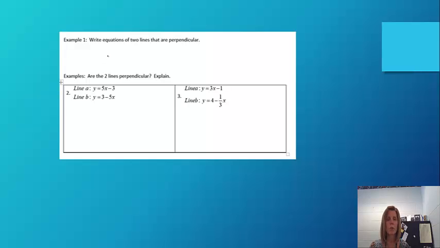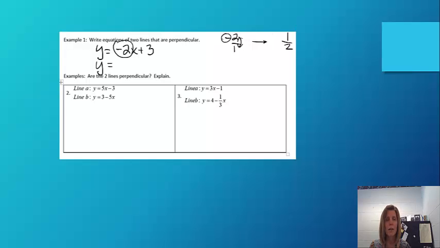All right, so let's take a look at a few examples. Let's write equations of two lines that are perpendicular. Again, I can start with any line I want. Let's say y equals negative 2x plus 3. All right, so I'm going to circle that slope. So I know in order to be perpendicular, I have to find the opposite reciprocal slope. That slope is negative 2/1. So to transform it, we're going to take the reciprocal, which is to flip it, and it's going to make it 1/2.